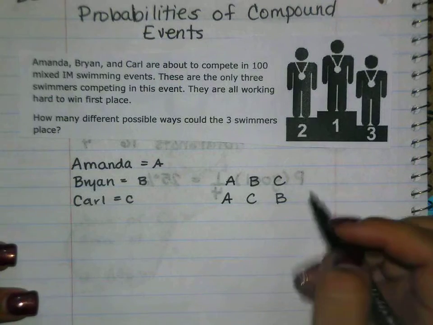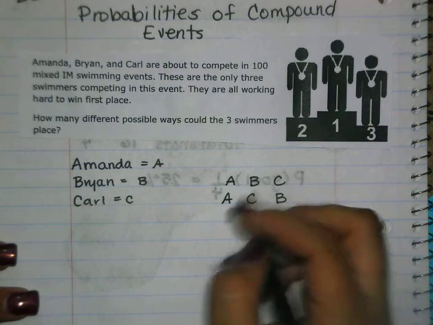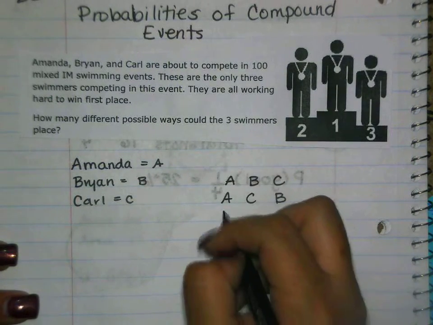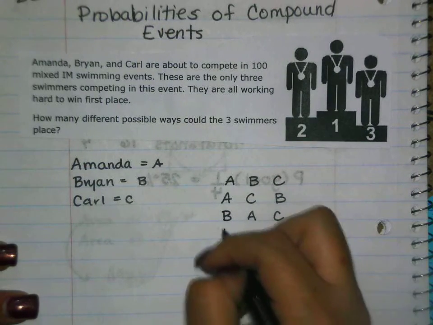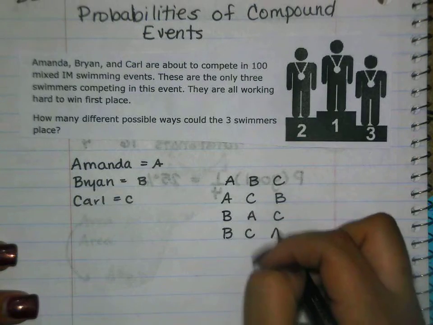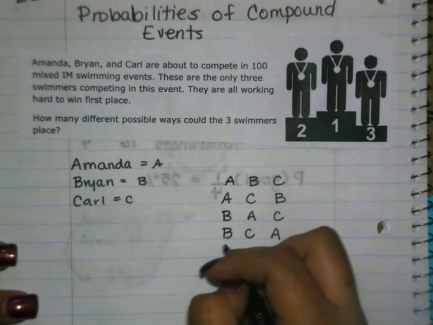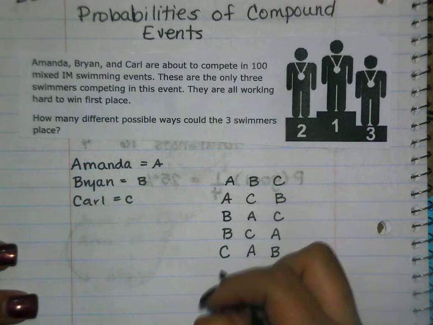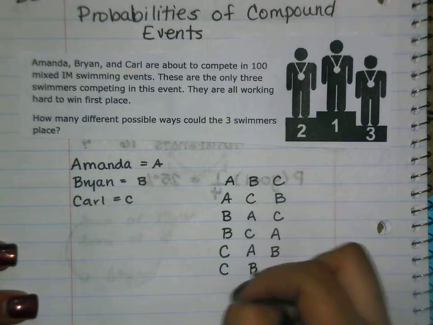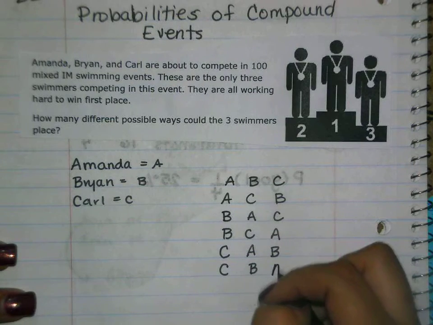Okay, so that's all of those that we could have if we had Amanda in first. If we had Brian in first, we could have Amanda in second and Carl in third. If we have Brian first, we could have Carl in second and Amanda in third. If we have Carl in first, we can have Amanda in second and Brian in third. If we have Carl in first, we could also have Brian in second and Amanda in third.